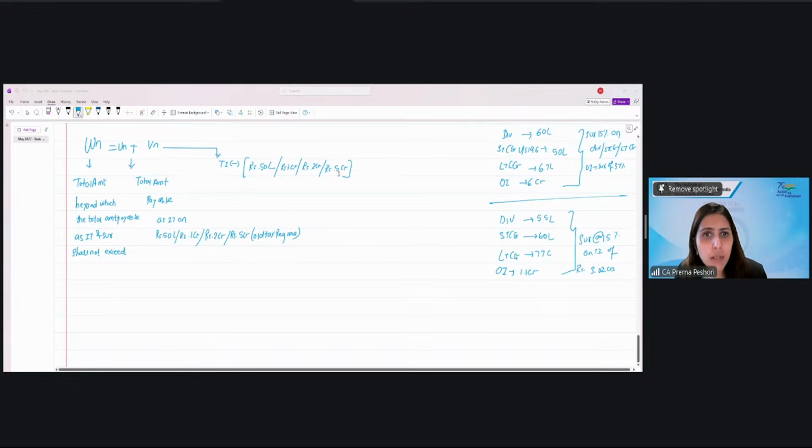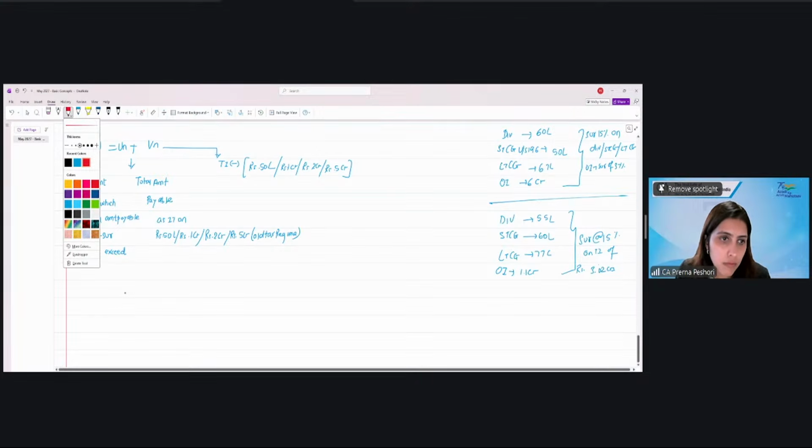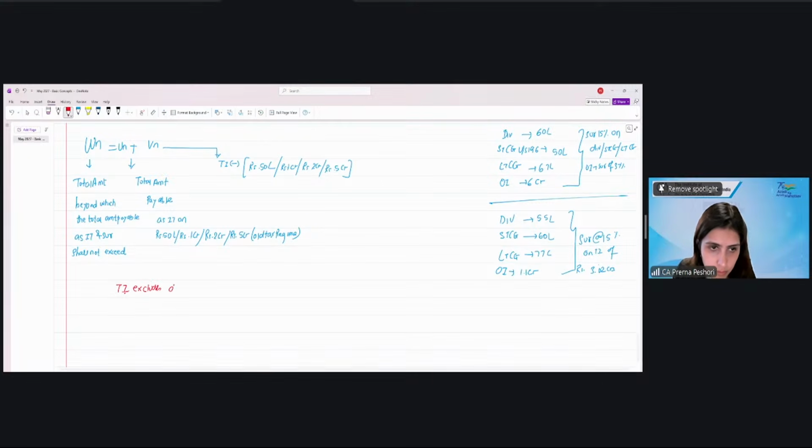And here the total income that we are referring to, for the purposes of the marginal relief, will not include the dividend, LTCG and STCG. Right?